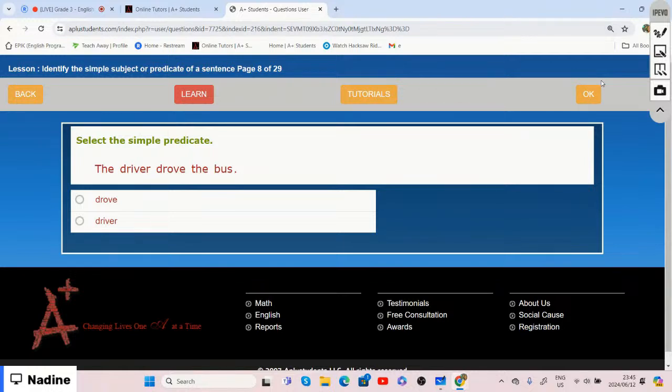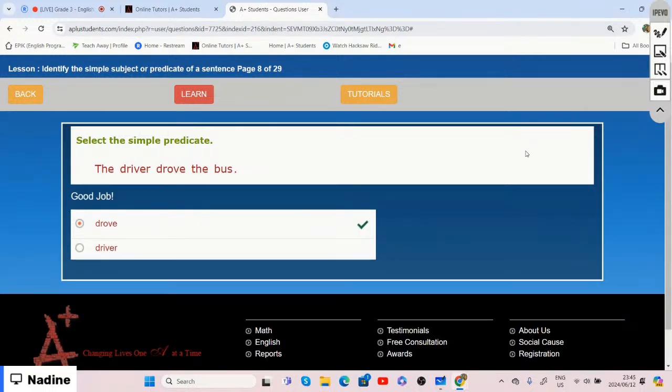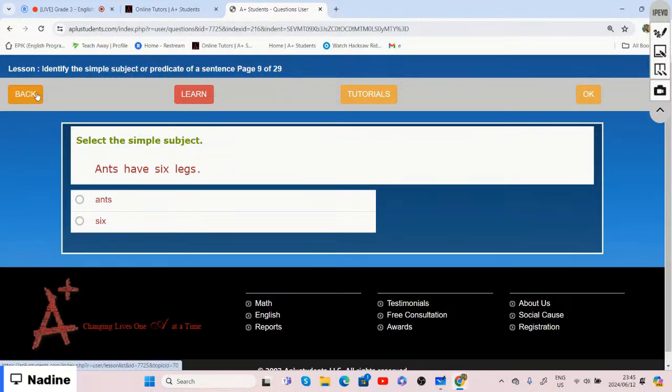All right, so if we were to identify our predicate, which is our verb, our action within that sentence, then we can say drove. Because what did the driver do? He drove the bus. So well done. Drove is correct.